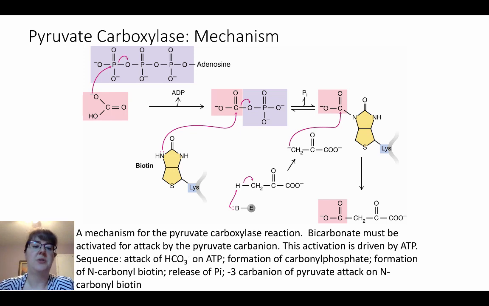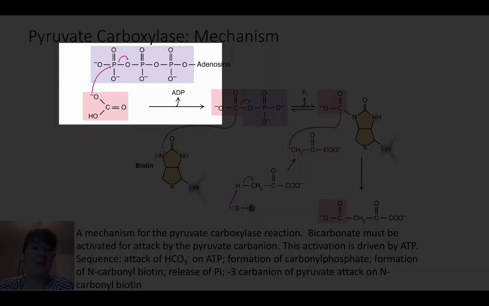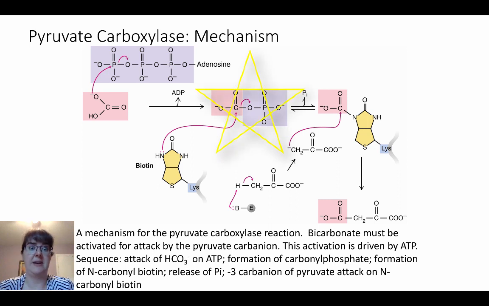In order to get the biotin going on this, what's first going to happen is that the bicarbonate, so notice that that's not exactly carbon dioxide, that is in fact a negatively charged molecule, is going to attack that last phosphate, and so you're going to wind up with carbonyl phosphate.